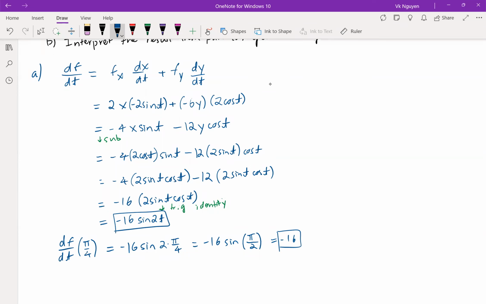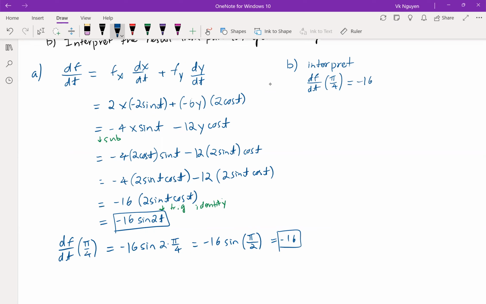Part B is where we interpret the answer. What does this mean?